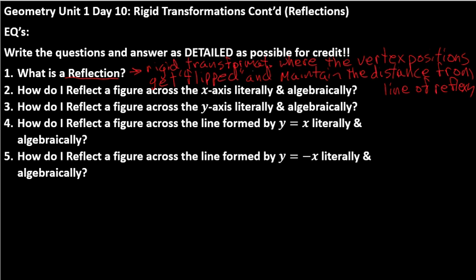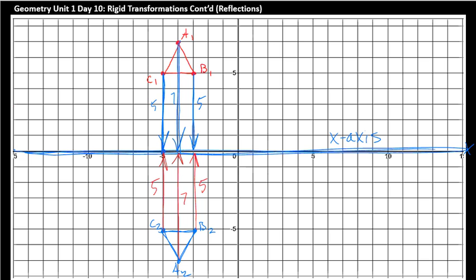So reflections are rigid transformations where our vertices get flipped and they keep the same distance from the line of reflection.